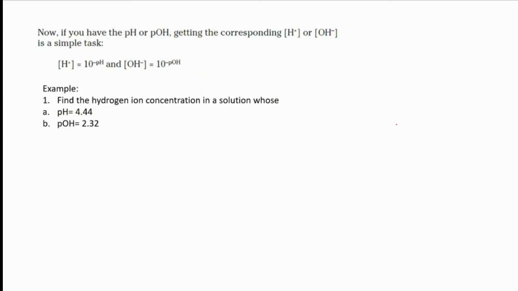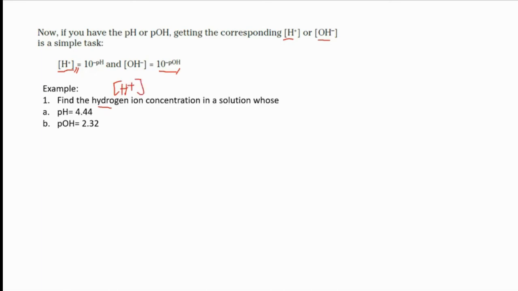So, kapag naman given tayo ng pH, tapos unknown yung H plus and OH minus, yung gagawin lang natin is 10 raised to negative pH if H plus yung unknown and 10 raised to negative pOH if OH yung unknown. So, for example, find the hydrogen ion concentration. So unknown is H plus.